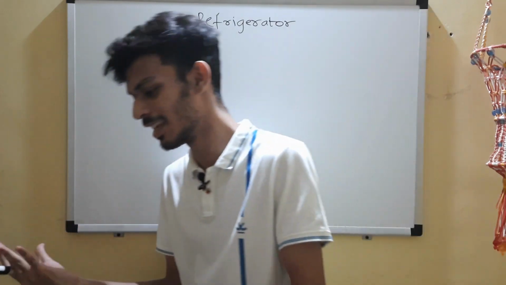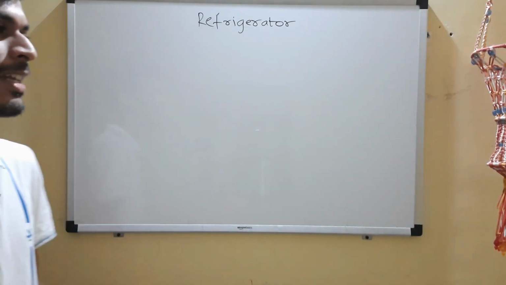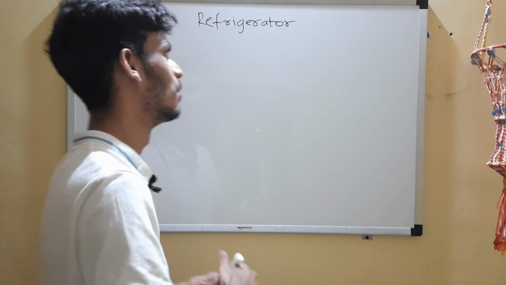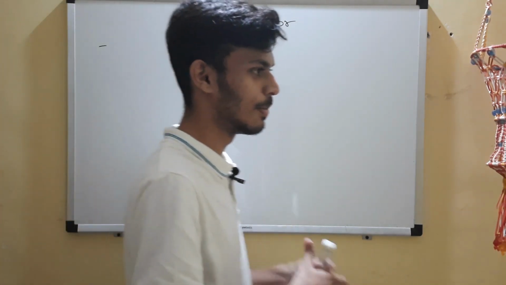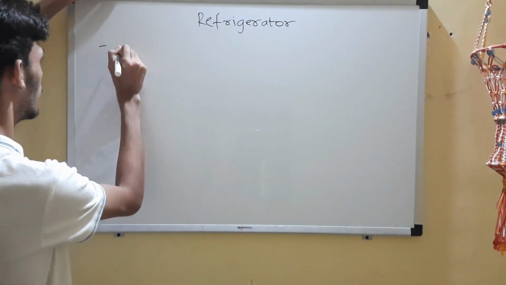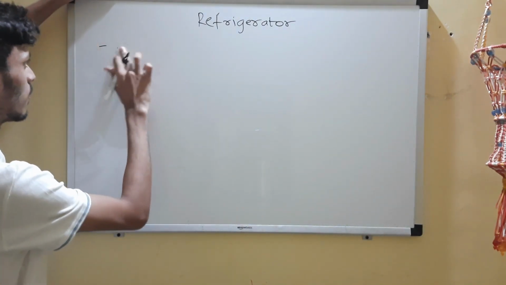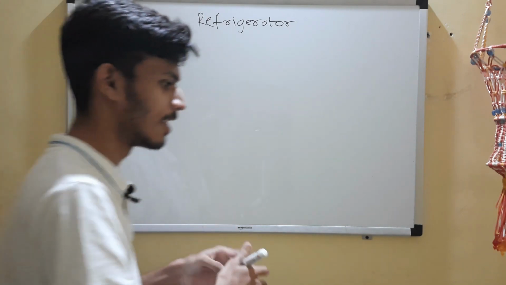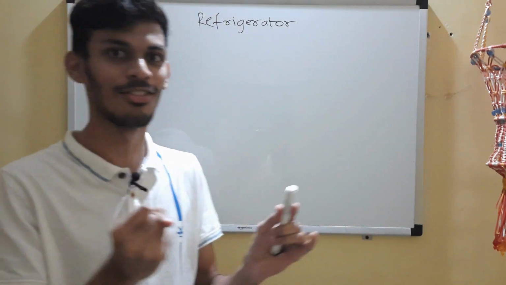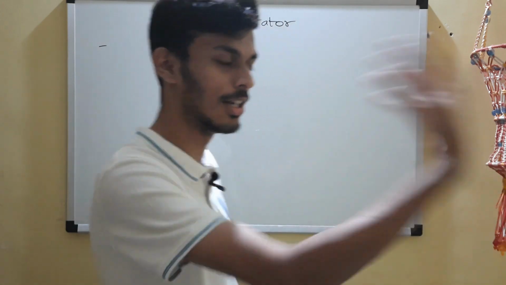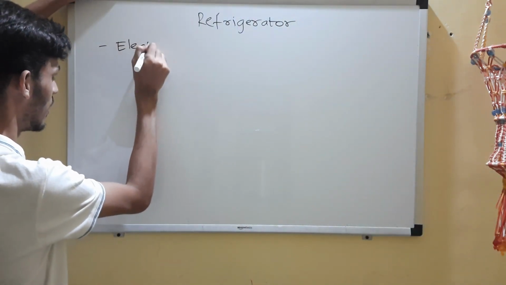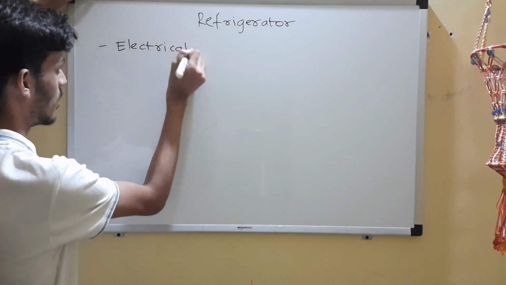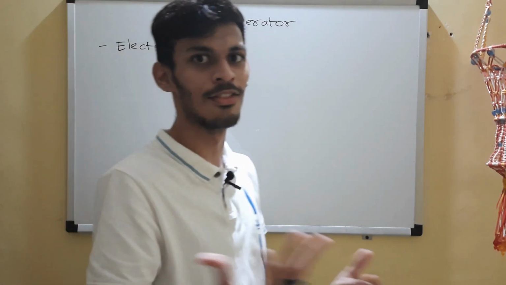We can easily think, if we just go one step ahead, it's electricity. Let's write that down. Actually the correct term will be electrical power, or electrical work. So the work is done on the system so that it extracts heat from that cold chamber and throws it out. Of course, the refrigerator does not work without electricity.